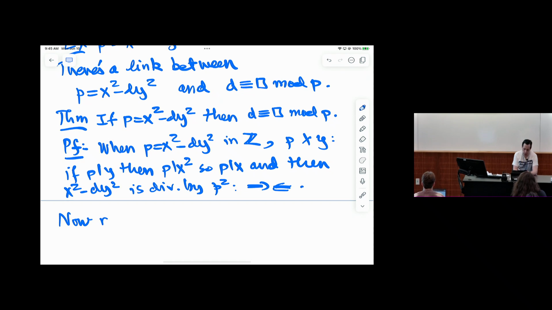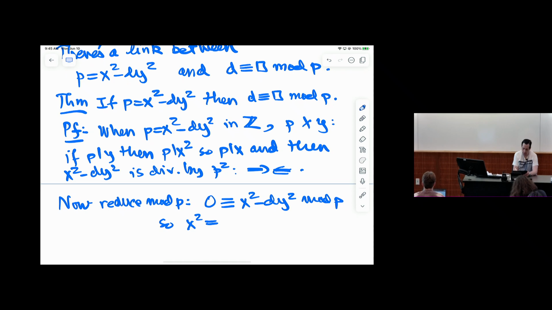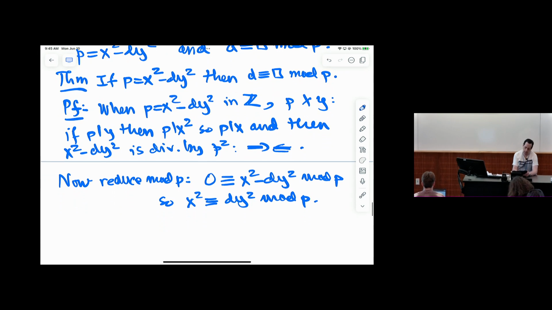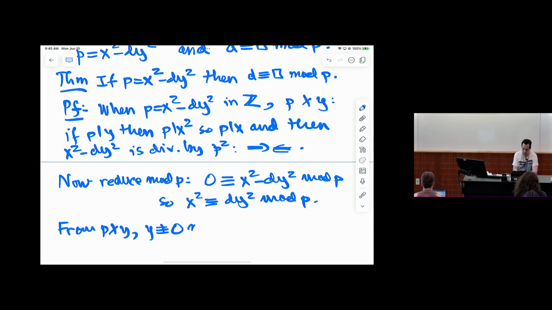So now we're just going to reduce mod p. 0 is x squared minus dy squared. So x squared is congruent to dy squared. Now, because p doesn't divide y, y is not 0, and so we can divide by y squared.